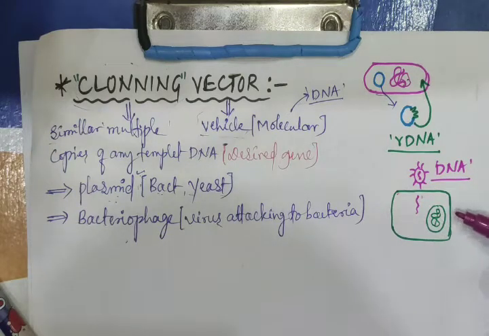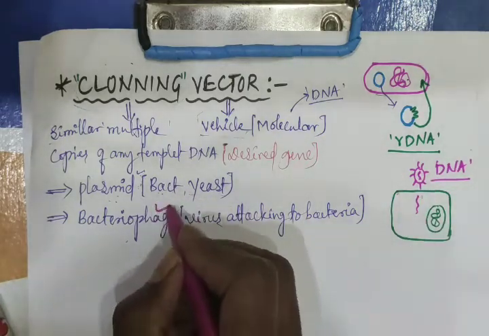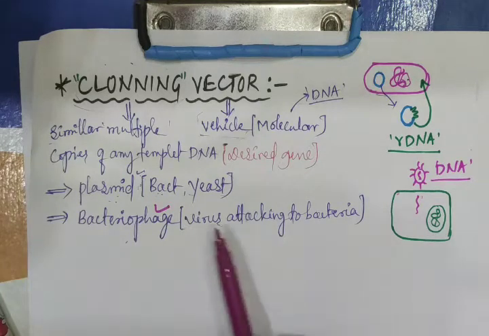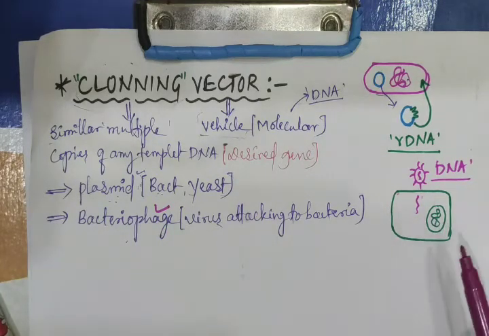When the virus is attacking the bacteria, it is introducing its genetic material inside the host cell. Now the host cell is bacteria, and this virus we refer to as a bacteriophage. Bacteriophage attacking bacteria.